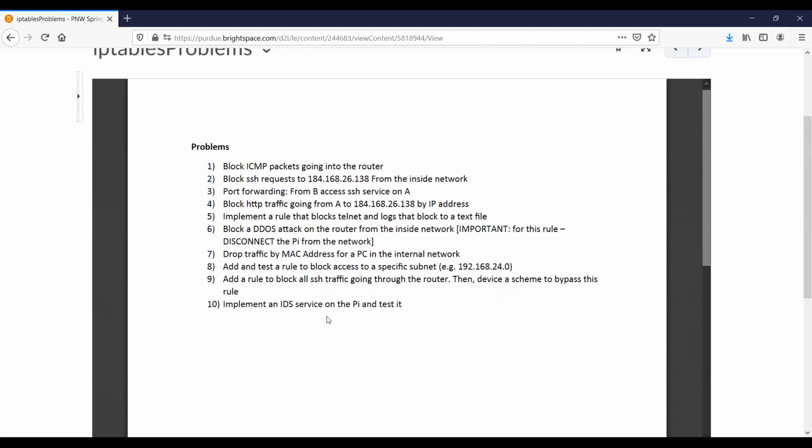I don't see the relation. Anyway, I'll come up with a 10th one and I'll update this document, but you can certainly start working on all of these. Remember, for a lot of these, you don't actually need the forward chain. That's the best advice I can give you. You can do most of these with the input and the output chains, okay?